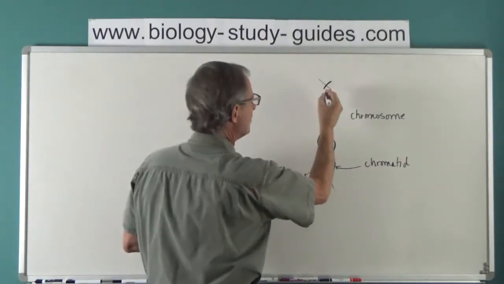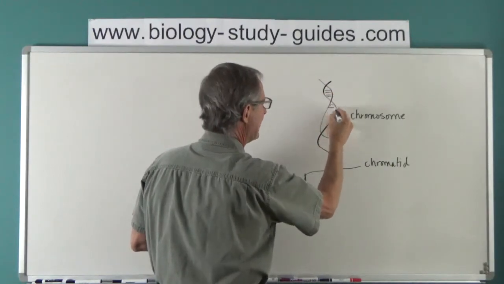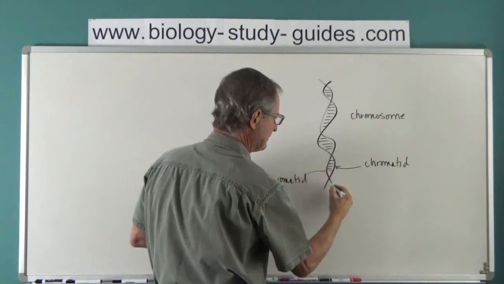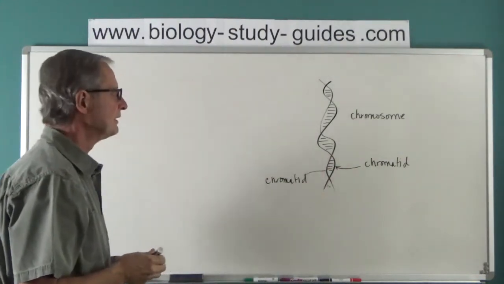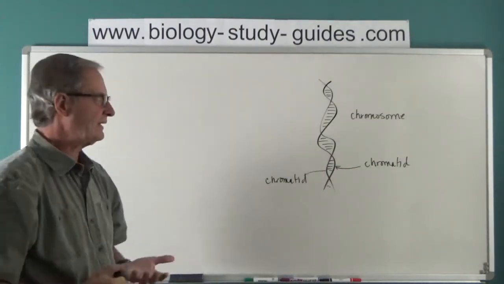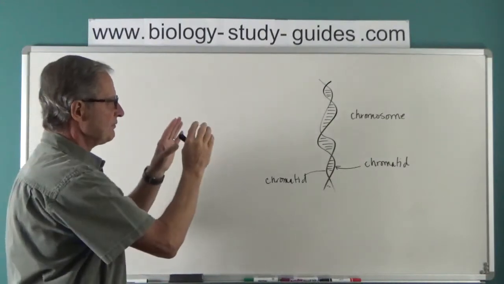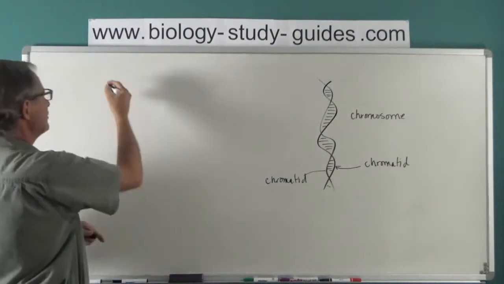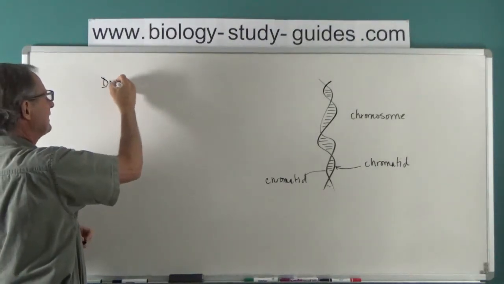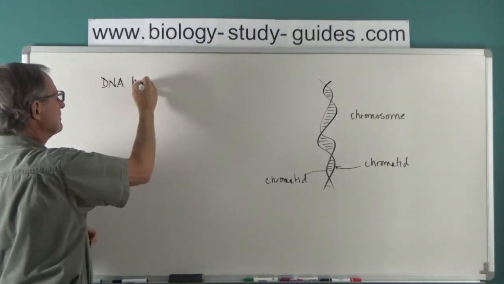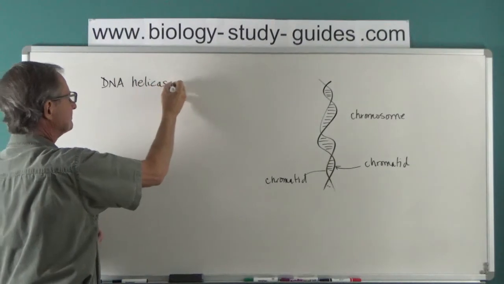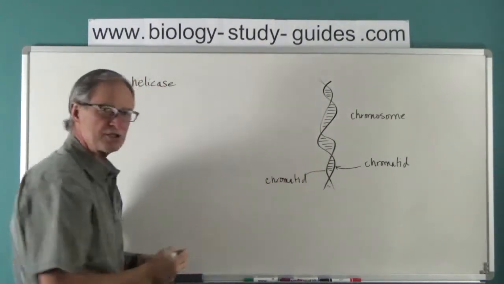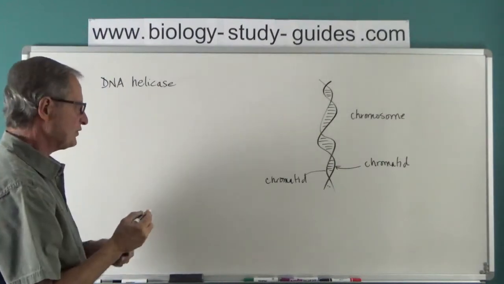Now we know that this chromosome has got hydrogen bonds in between the complementary bases. If this is going to replicate, it has to be able to copy all of this stuff. And what happens, quite simply, is there's an enzyme called DNA helicase. DNA helicase breaks the hydrogen bonds in between the complementary bases.